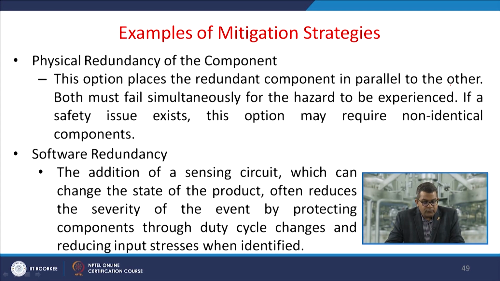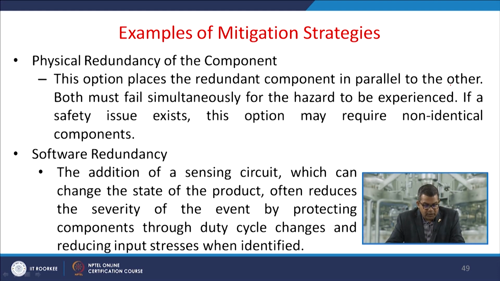Then the physical redundancy of the component. Now, this option usually places the redundant component in parallel to the other one. So, both must fail simultaneously for the hazard to be experienced, and that is very unprecedented. So, if a safety issue exists, the option may require non-identical components.